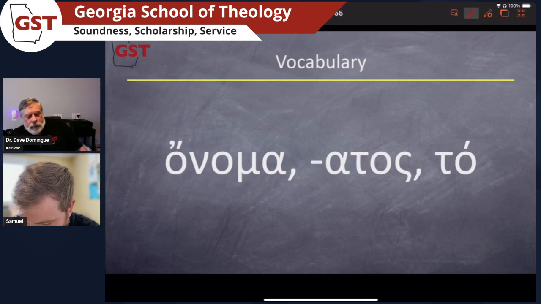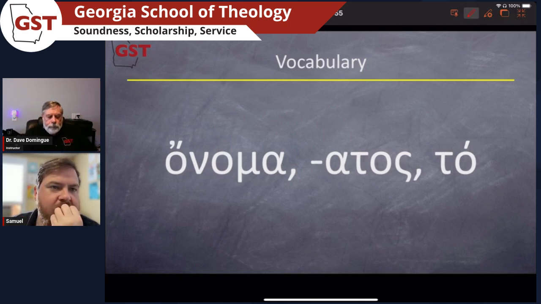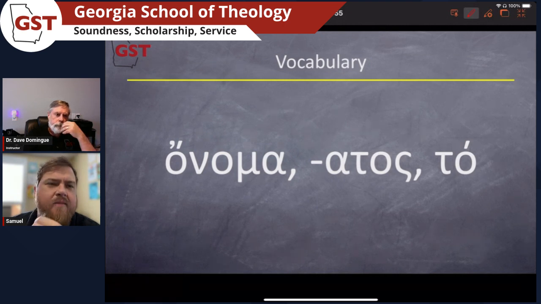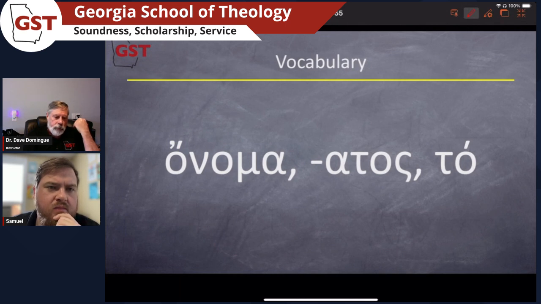Onoma, which is the word we were looking at earlier. What does onoma mean? The name? Yeah, name or reputation. So onoma, and is it a third, first, or second declension word? It would be a first. Okay, you want to look again? When you're looking at that, that might be your first thought, right?